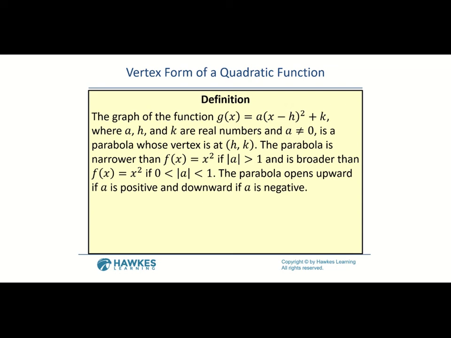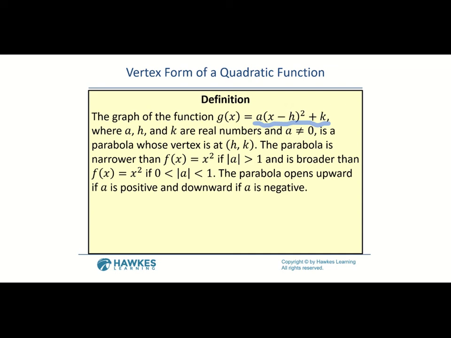One new thing we're going to look at is the vertex form of a quadratic equation. It could be g of x or h of x or f of x, but it's always going to be a times (x minus h) squared plus k, where a, h, and k are real numbers.